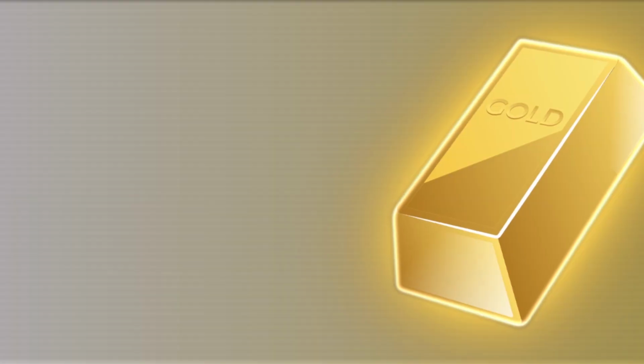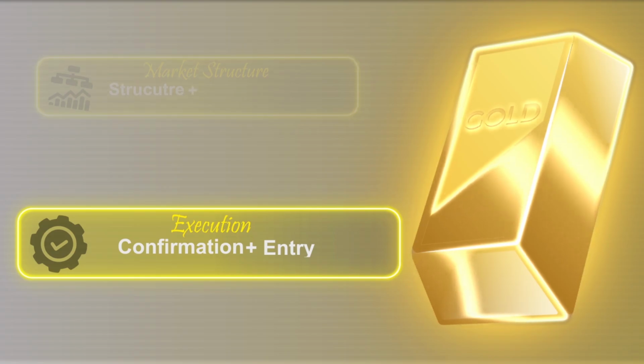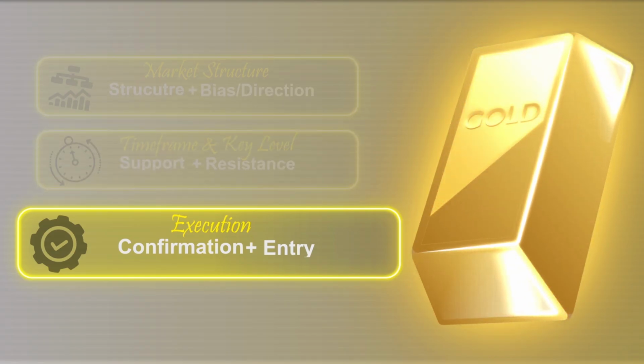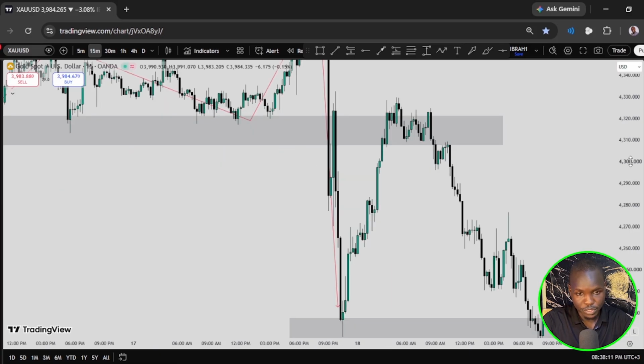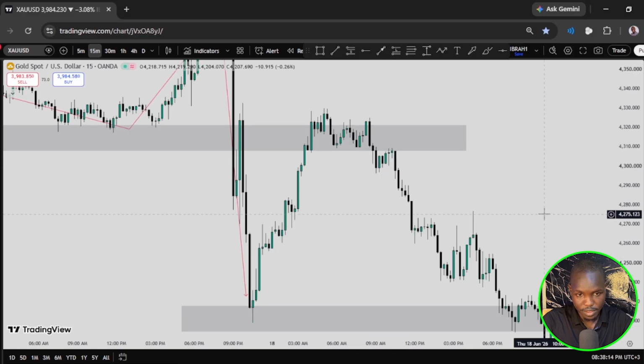The next step is going to be our entry and confirmation, and this is going to be done on the lower time frame, the M15, or the 5-minute time frame, the M5. So I'll show you the entry and confirmation that I used to catch 2 trades on the 15 minutes time frame. For the first case here, after we had that market shift, we had price pushing back to the upside, okay?